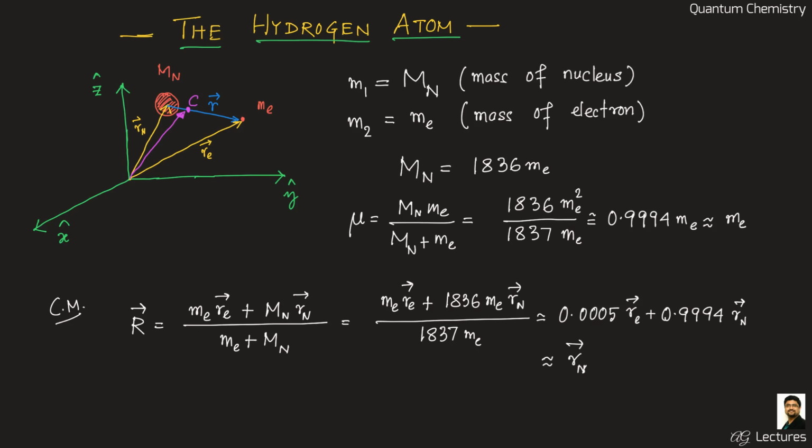And if we assume that, we can redraw the coordinate system. We can shift the origin of the coordinate system on top of the nucleus, and then we can simply use the internal coordinate small r as the position vector of the electron from the nucleus point, because that is what it is defined as.